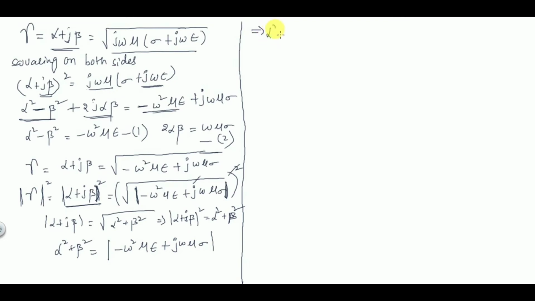So alpha square plus beta square is equal to the root of minus omega square mu epsilon whole square plus omega mu sigma whole square, because when it is modulus you have to take the root.